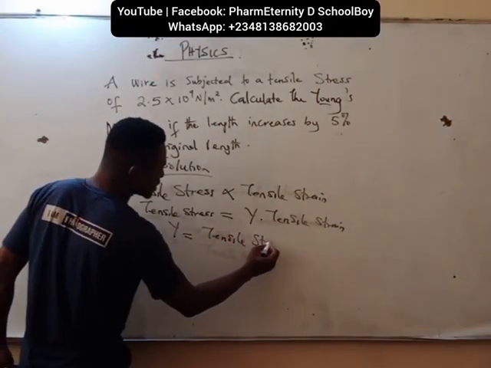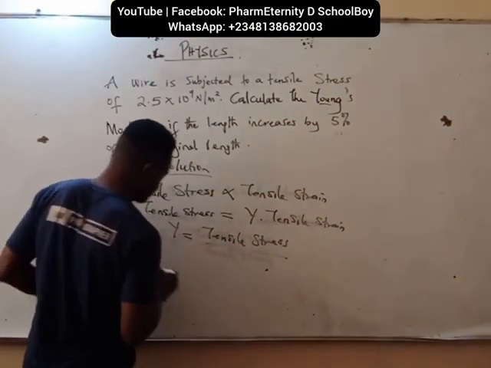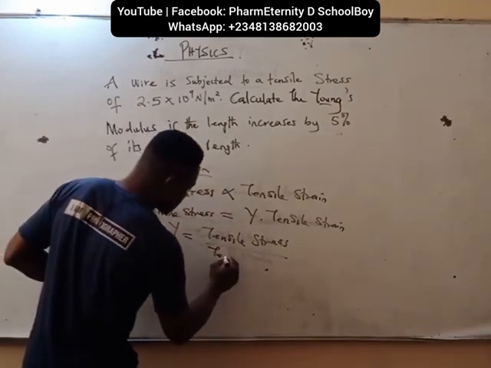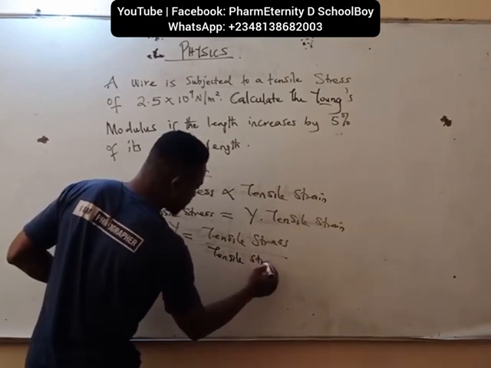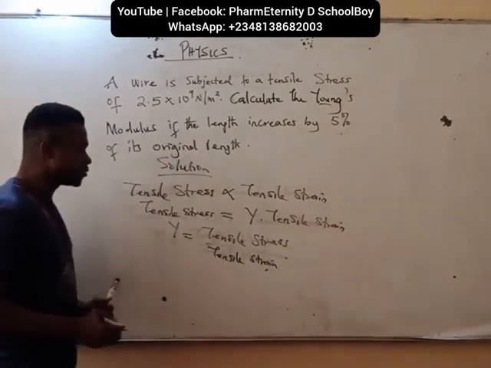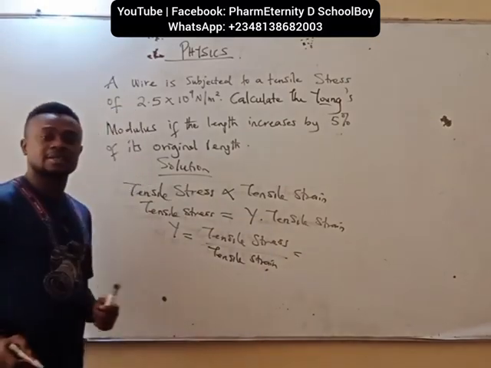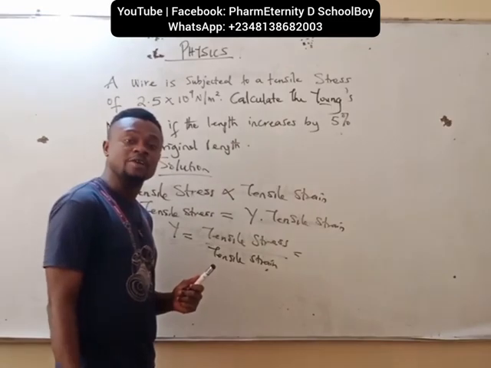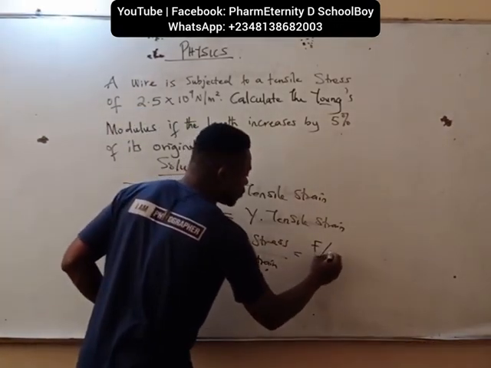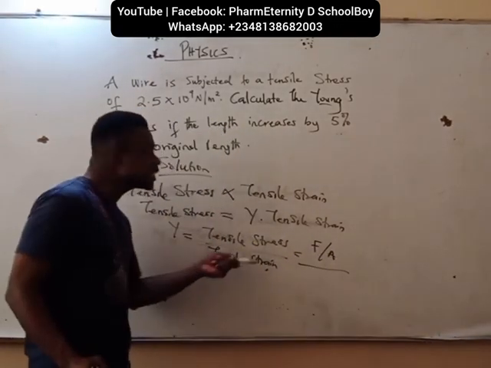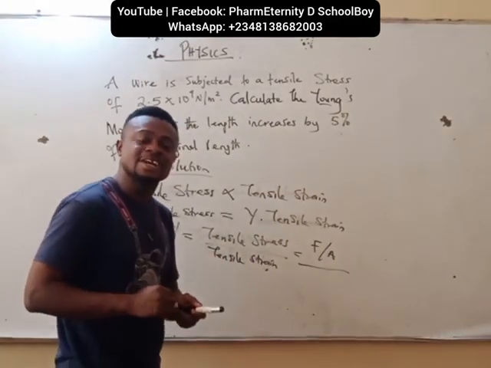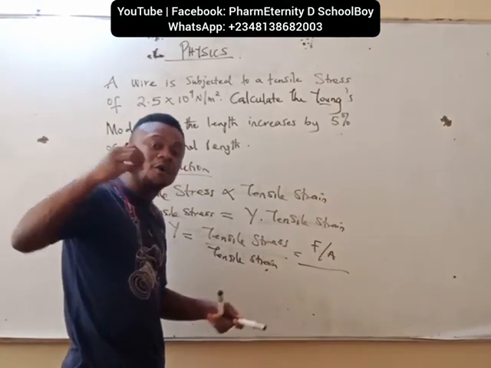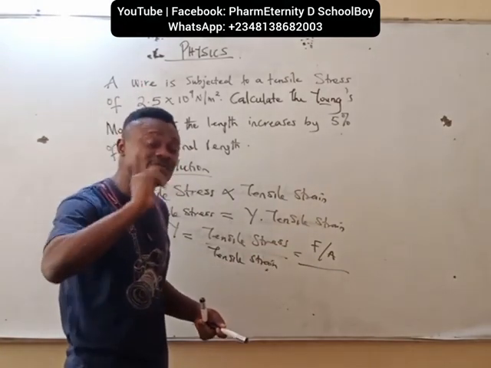Tensile stress over tensile strain. Now, tensile stress, as I said before, is force per unit area, which is F over A. While tensile strain is the ratio of the extension caused by this stress over the original length of that material.